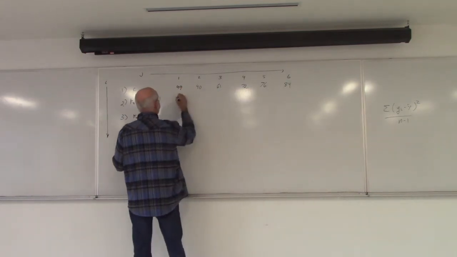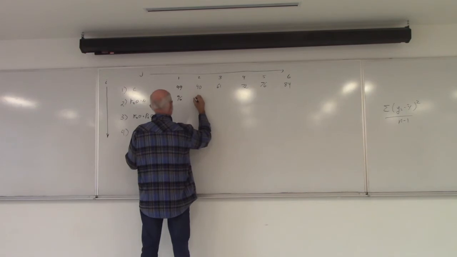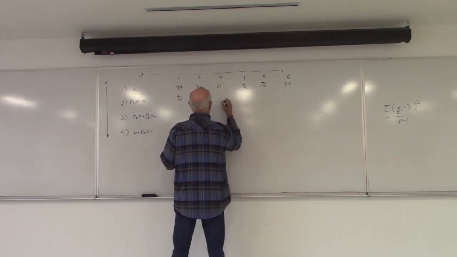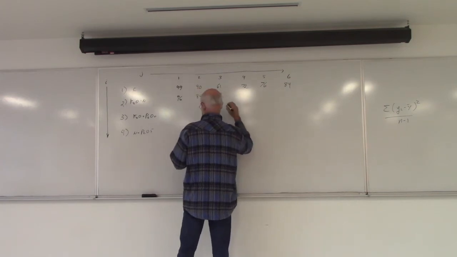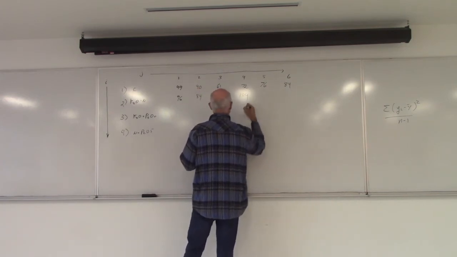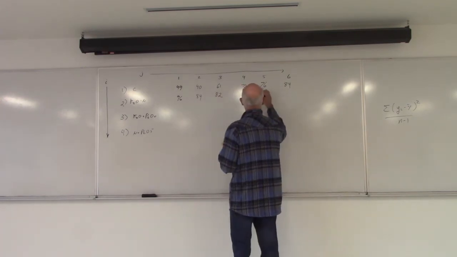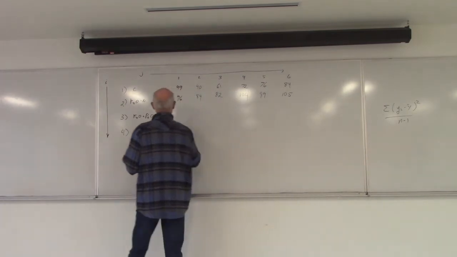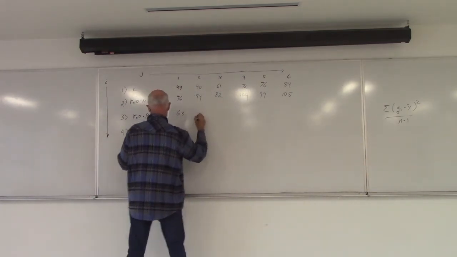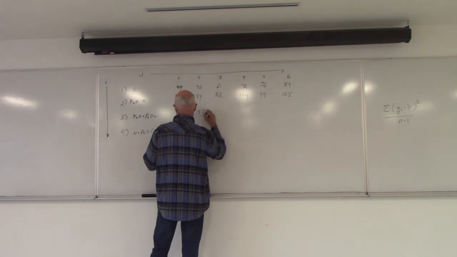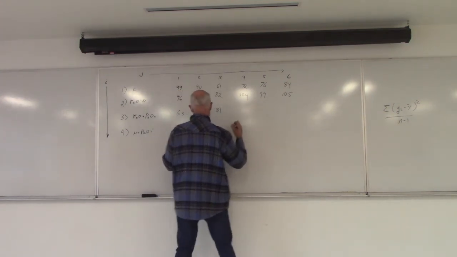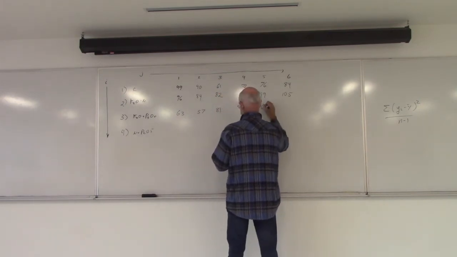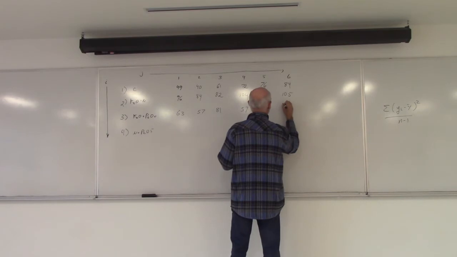Here I've got 96, 84, 82, 104, 99, and 105. Then 63, 57, 81, 59, 64, 72.